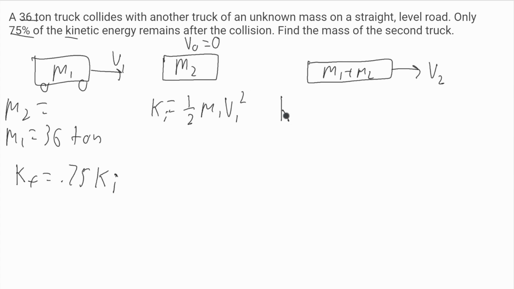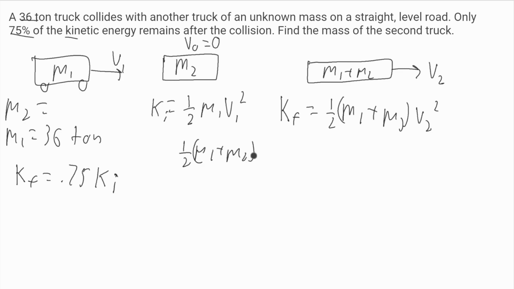The final kinetic energy will be the kinetic energy of both of the trucks moving together, which will be 1 half times the mass of the trucks put together, m1 plus m2, times v2 squared. I'm going to then use this formula here. I'll get 1 half m1 plus m2 v2 squared is equal to 0.75 times 1 half m1 v1 squared.